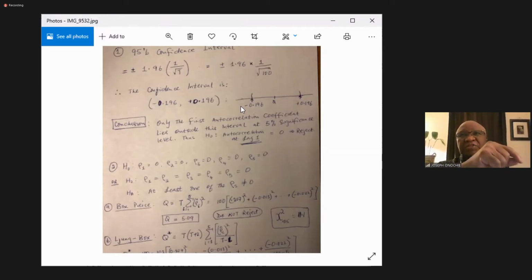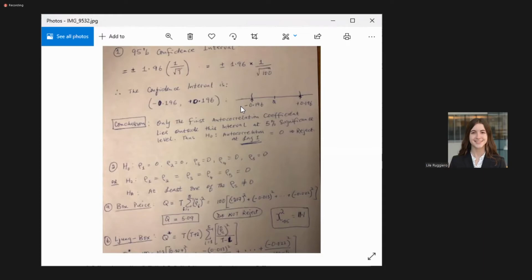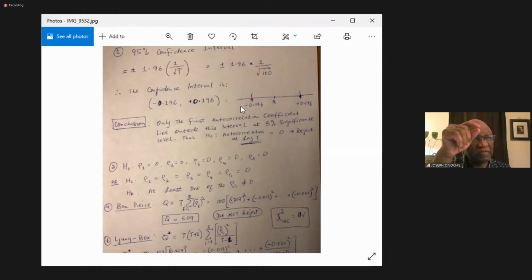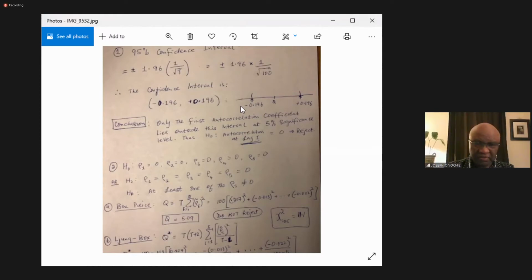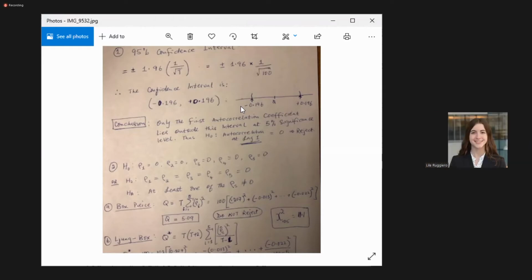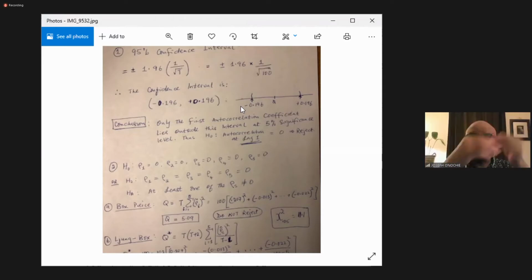Do you reject the null of 0 or not? Does lag 1 fall outside of the range or inside the range? Lag 1 is outside. You're doing fine. Lag 1 is outside of that range.